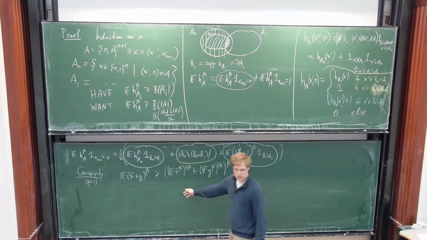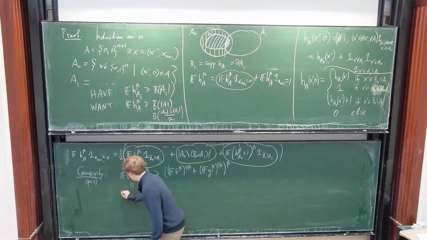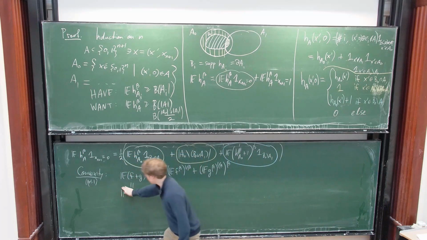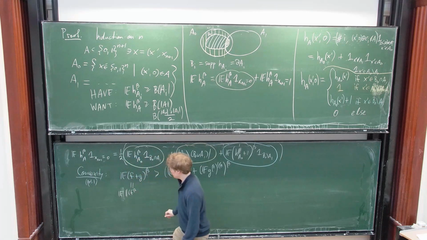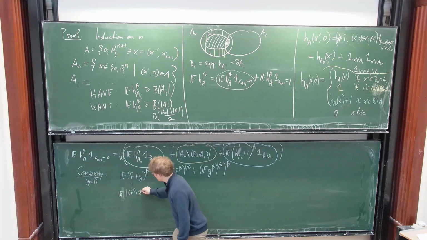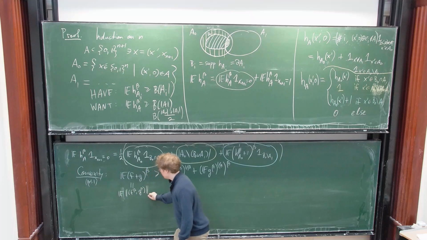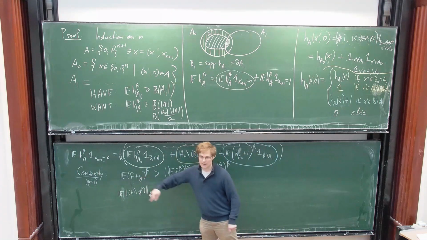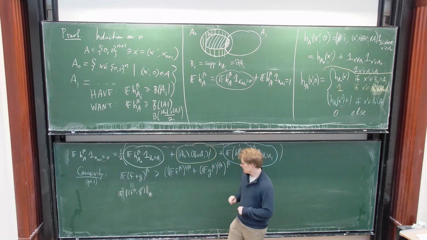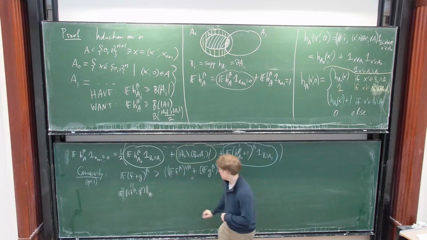Why is this true? Maybe to convince you, I can rewrite this as the expectation of a norm. So this is the same as expectation of the 1 over beta norm of this vector of two-dimensional 1 over beta norm. Okay, this is the same. Just by replacing f by f to the beta times 1 over beta. And this side, on the other hand, is the same expression with the norm and expectation switched.